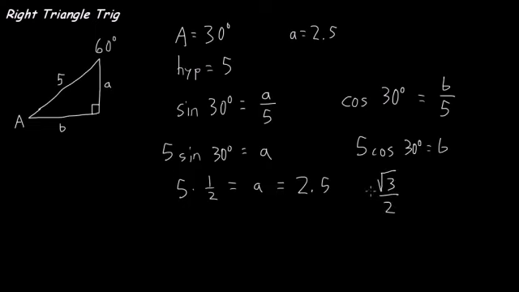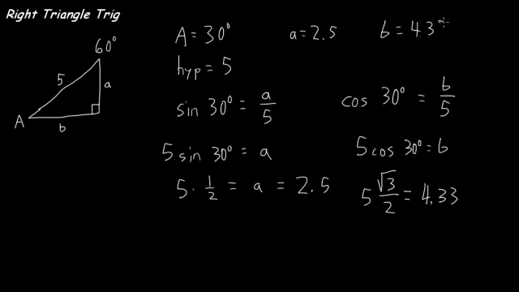And if we multiply that by 5, we get B. So 5 times square root of 3 over 2, that gives us 4.33. So side B is equal to 4.33.